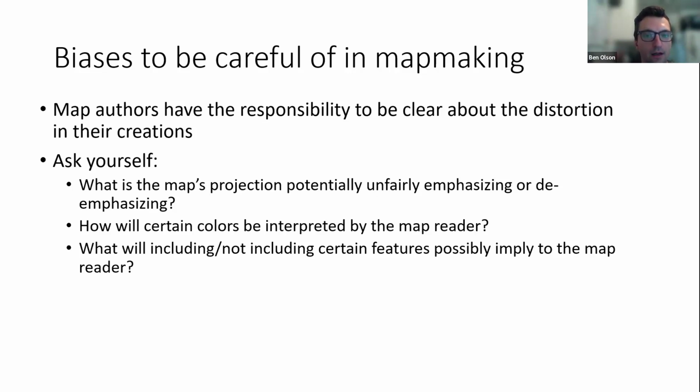Is it clear that you are focusing on what you're focusing on because of the boundary area, not because of some other implication given to whether a certain feature is included or excluded? So you have to keep checking yourself as you're creating a map. Are you being clear about the biases you want to communicate to your reader, or are you potentially introducing biases unintentionally that you need to be careful about?